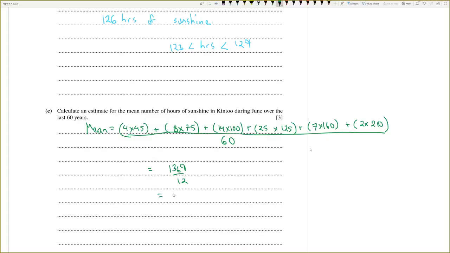Which is correct to 114. Right to 3 significant figures, 114 is our answer. Okay, since it's an irrational number, you could also opt to write 1369 by 12. How much is that? 114 whole 1 by 12 works as well, but I'm just going to opt for this answer.